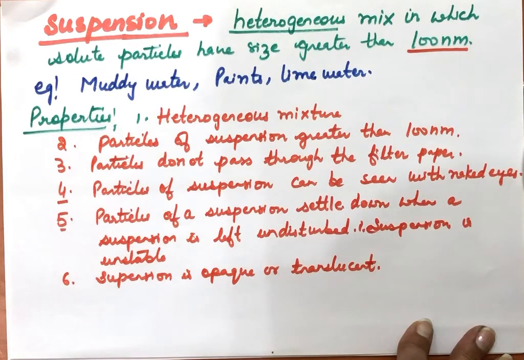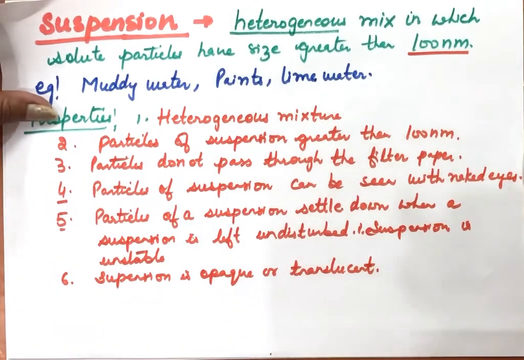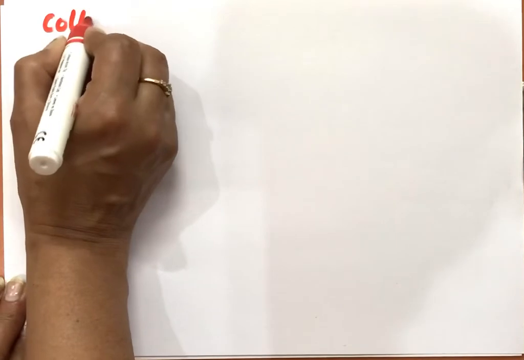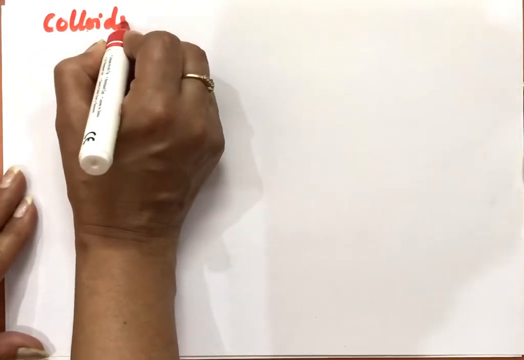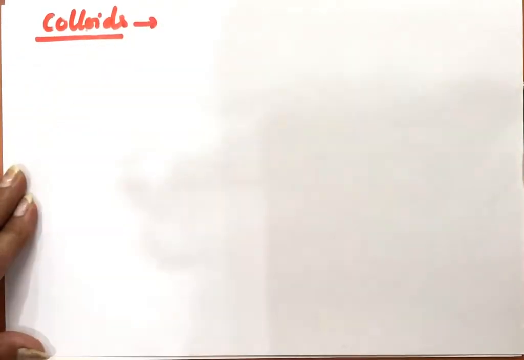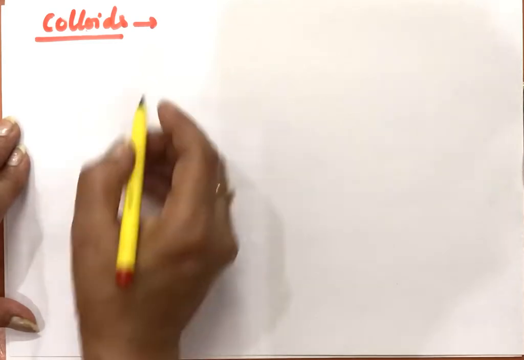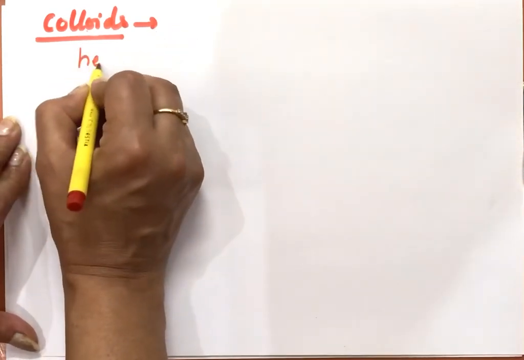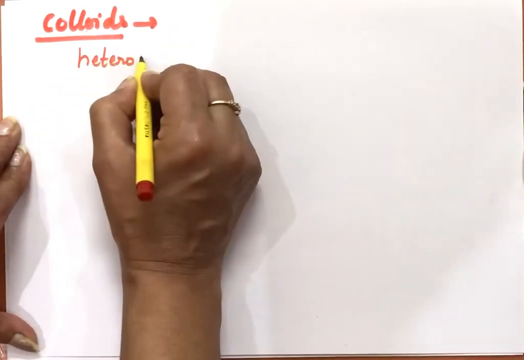Similarly, now we're doing the third type of solution. We have done true solution and suspension. Now the third type of solution is a colloid, and colloid properties are intermediate between the true solution and suspension. These are the type of solutions which come between the true solution and the suspension. So these solutions are also heterogeneous in nature.